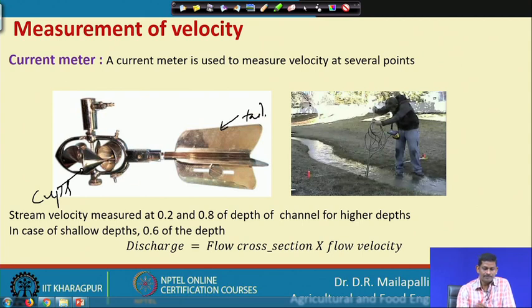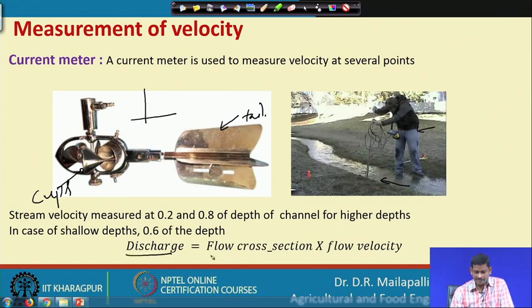So, you have to put this current meter into the stream, and based on the flow, the cups are going to rotate. The number of rotations will be calibrated against the flow rate, right. Here you see the person who is using a current meter to measure the flow rate in the streams.